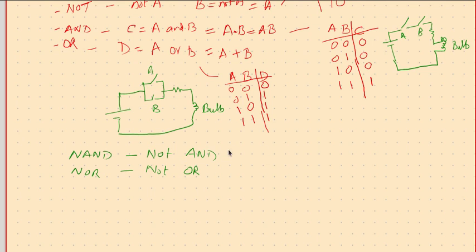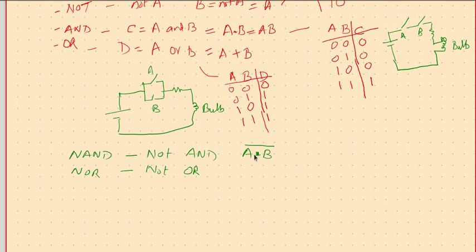So whatever is the AND operation, its complement is the NAND operation. If you talk about NAND, the AND was represented by A dot B, and NOT is represented by a bar.